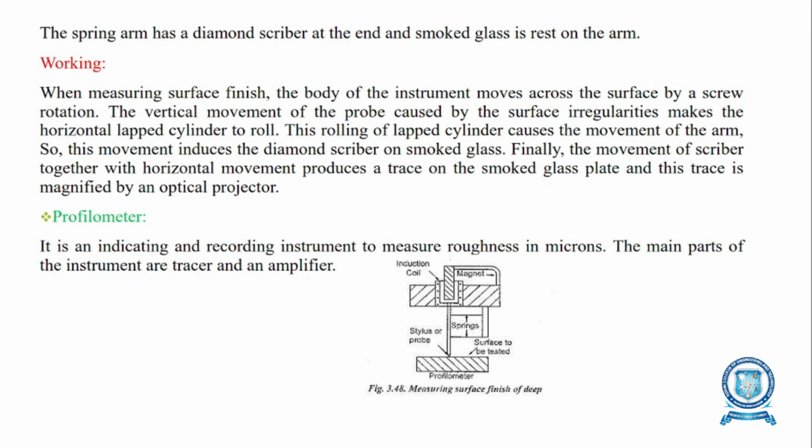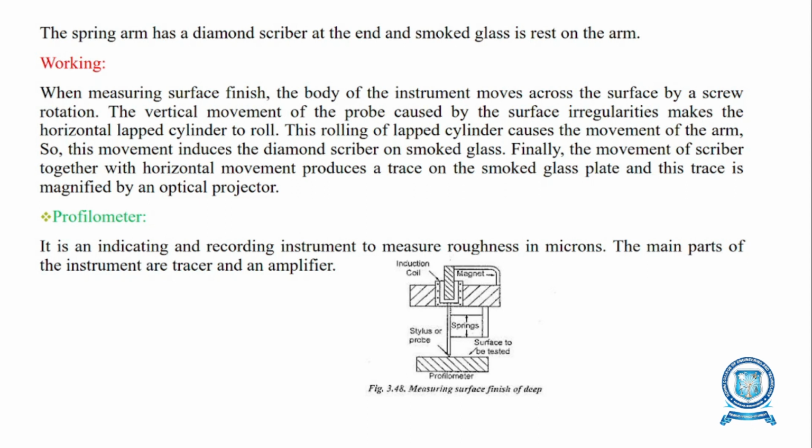The main parts in the profilometer are the stylus or probe, the springs which hold the stylus or probe, and the magnets on the top of the profilometer, along with the induction coil.